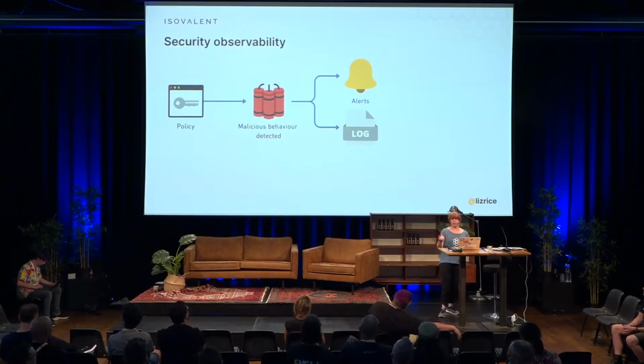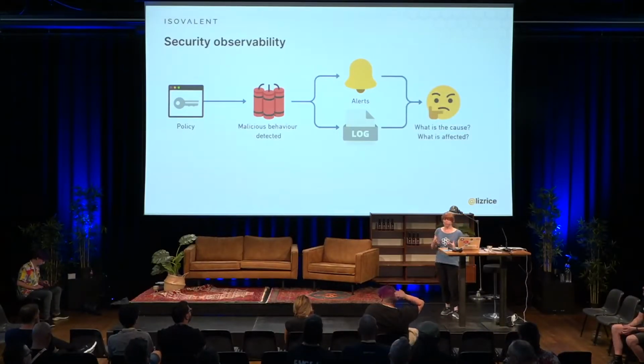We don't necessarily want to report on every single time that an application opens a file. We want to report when an application unexpectedly opens a file. Maybe that's going to be an indication that the application or the pod that it's running in has been compromised and that an attacker is accessing data that they shouldn't.